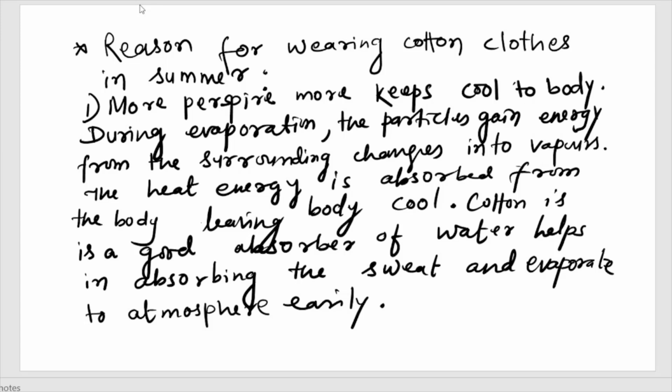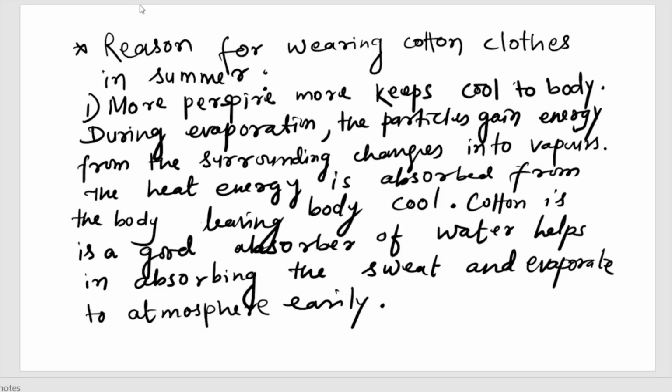If we put on synthetic cloth, the sweat will not go outside by the evaporation process, because it has no pores. So the more you perspire, the more you keep cool. If you are giving more sweat, you feel more cool in the cotton clothes you put on.